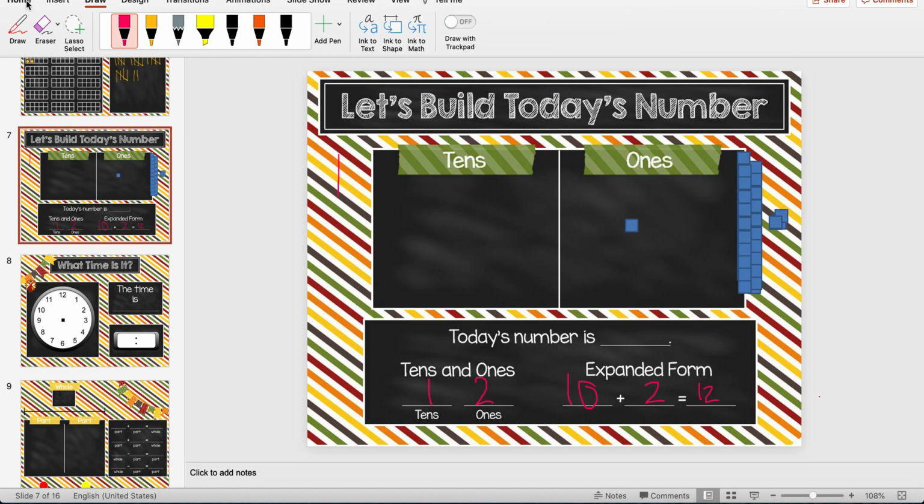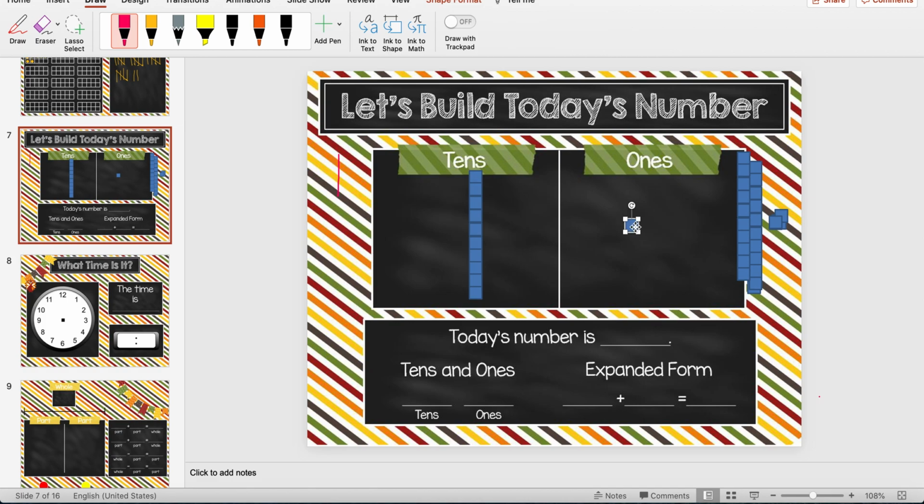Okay, this time let's set it up, and let's do a bigger number. How about 18? What numbers make up 18? Well, we know we're going to have a 10, right? So there's 10, 11.